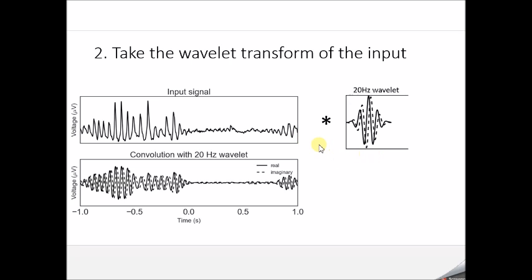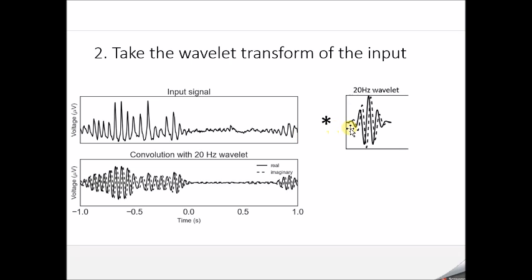So this is just an example where we're convolving the input signal with a 20 Hertz wavelet, and what we get in the output is the filtered version of the input. The real component of the wavelet is shown in the solid line, and the imaginary component of the wavelet is in the dotted line. These two components are treated pretty much independently in terms of the convolution.